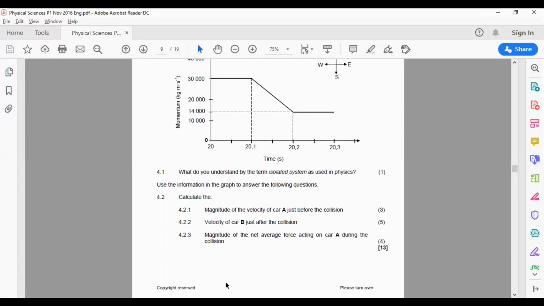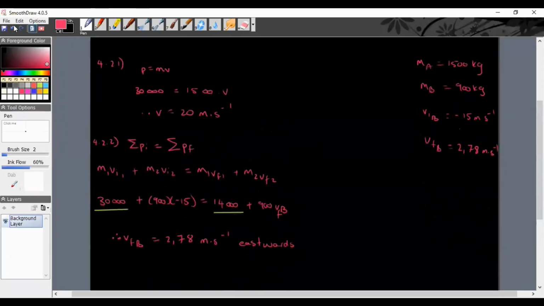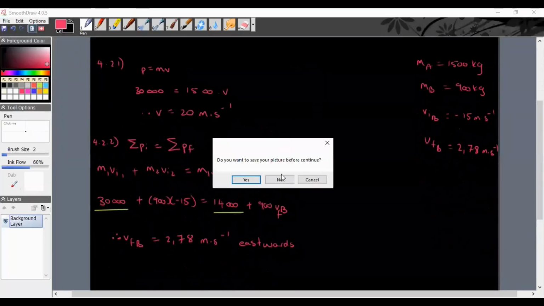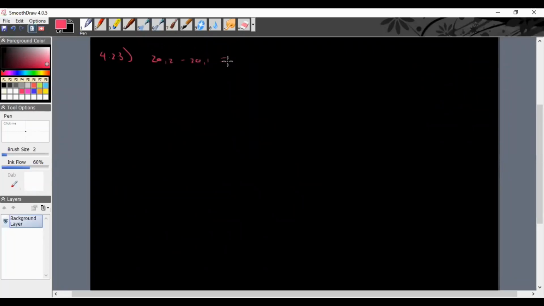Let's go back to our little diagram here. I'm just going to clean the board quickly. So 4.2.3. We established that the time interval, 20.2 minus 20.1, is 0.1 seconds.